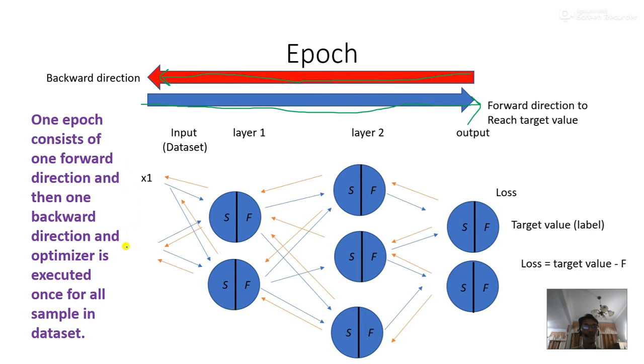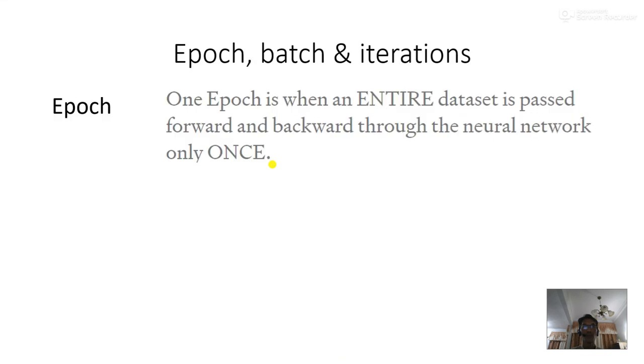If you have 10 samples, basically you have to go forward and backward 10 times according to the total of the dataset. Once all the dataset has been forward and backward at least once, and the values of W and bias change, it is called one epoch. So one epoch is when the entire dataset is passed forward and backward once through the network.